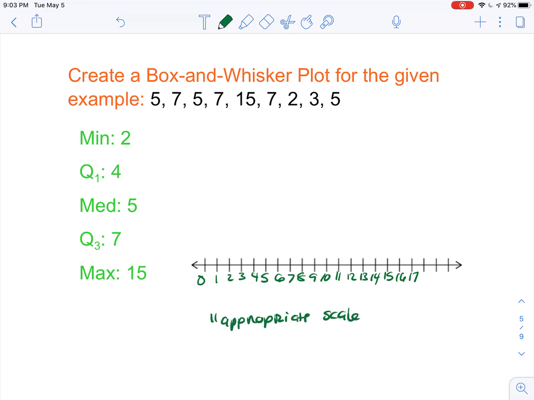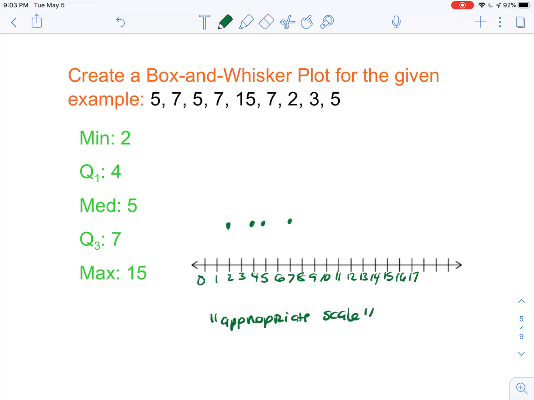Now, the only important thing is that our graph is clear and visible and that we have an appropriate scale. Meaning if we go by ones, we go by ones. If we go by twos, we go by twos. It must be consistent. So how do we draw this?